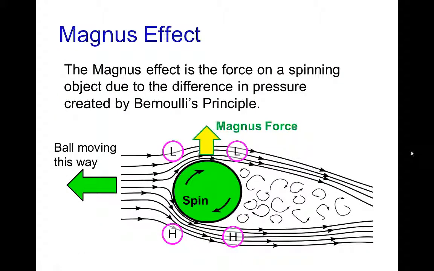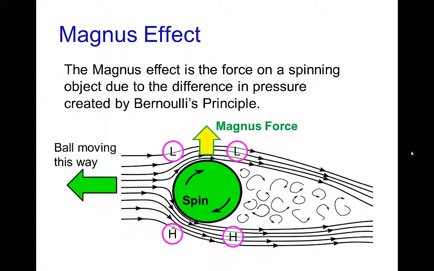One more example of lift, which is not present with the leaf drop or paper, but I wanted to mention because it's a type of lift created when an object is spinning. So if we have, say, a ball that is spinning, then the spinning motion causes the airflow to be faster on one side, where the flow goes in the same direction as the spinning of the surface, and the airflow is slower on the other side.